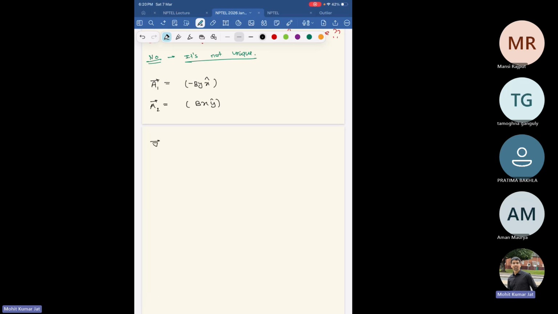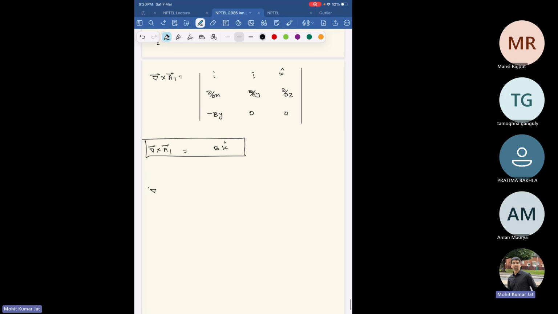For example, let's take curl of A1. So i j k, del by del x, del by del y, del by del z, minus By, 0, 0. Now if you take the derivative of it, you will get Bz cap, or Bk cap, curl of A1.